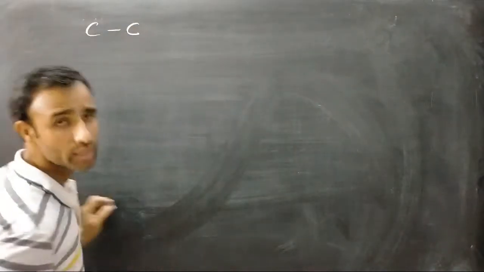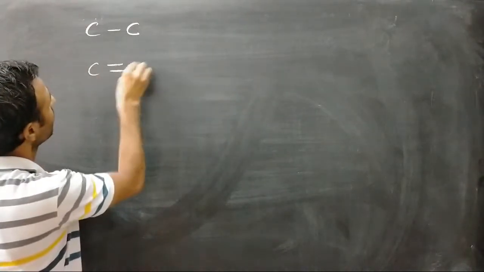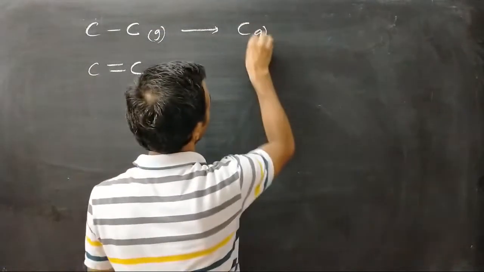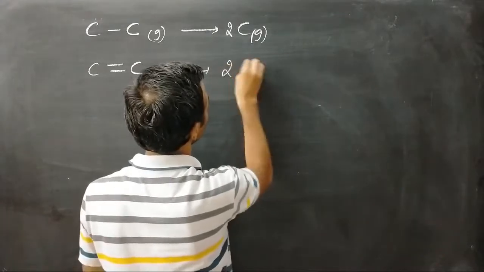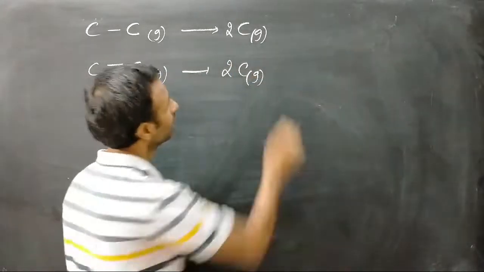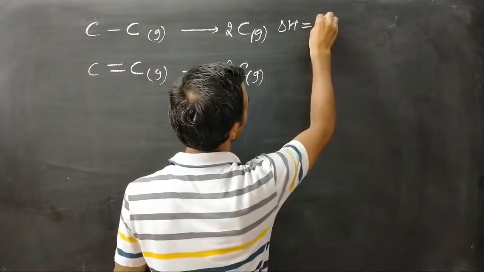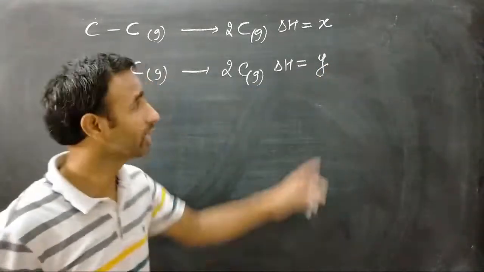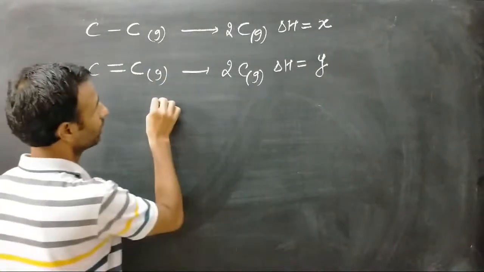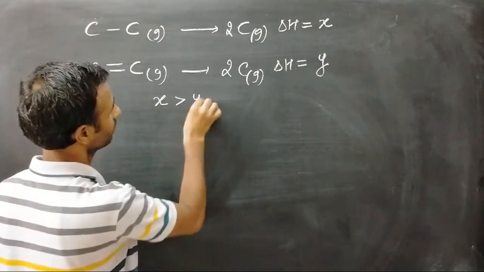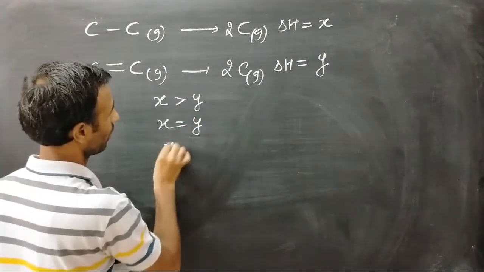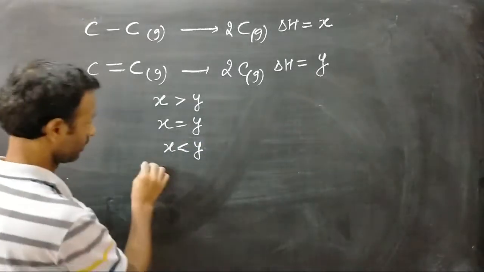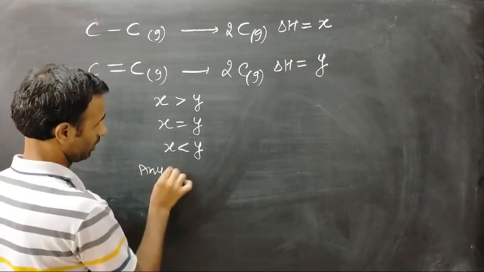Divided by 4 is the average bond enthalpy for the CH bond in CH4. We have, say, a single bond, say a double bond, each giving 2C gas. Delta H for the first, let us take as X, and delta H for the second is Y. So what is the relation between X and Y? Tell me. Is X greater than Y, X equal to Y, or X less than Y, or any of the above?